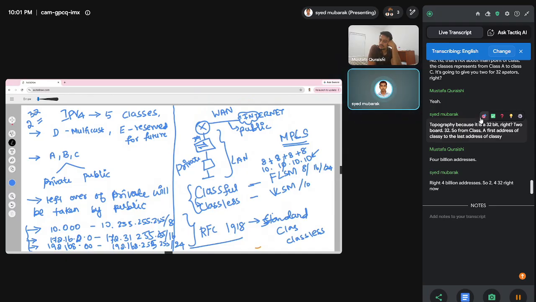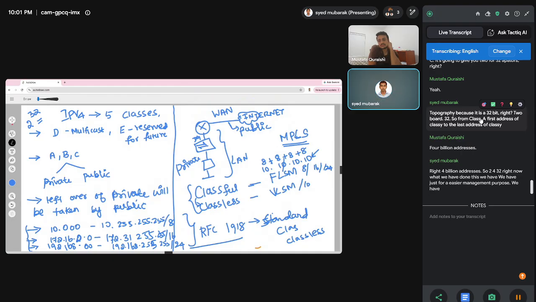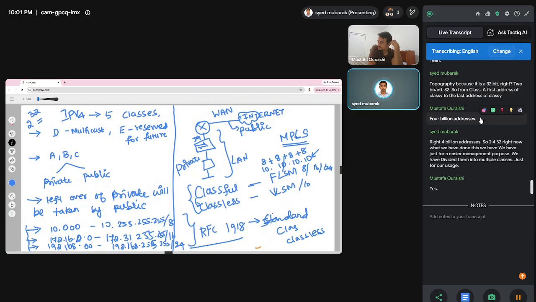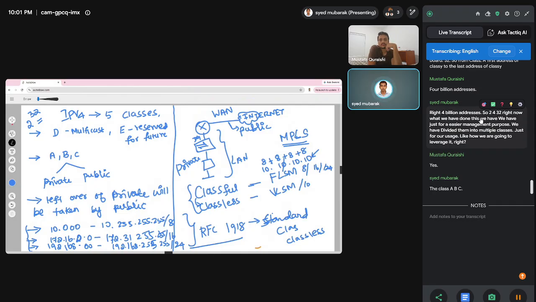Now what we have done is, just for easier management purposes, we have divided them into multiple classes just for our usage, like how we are going to leverage it. So class A, B, C, it is still not subnetting.